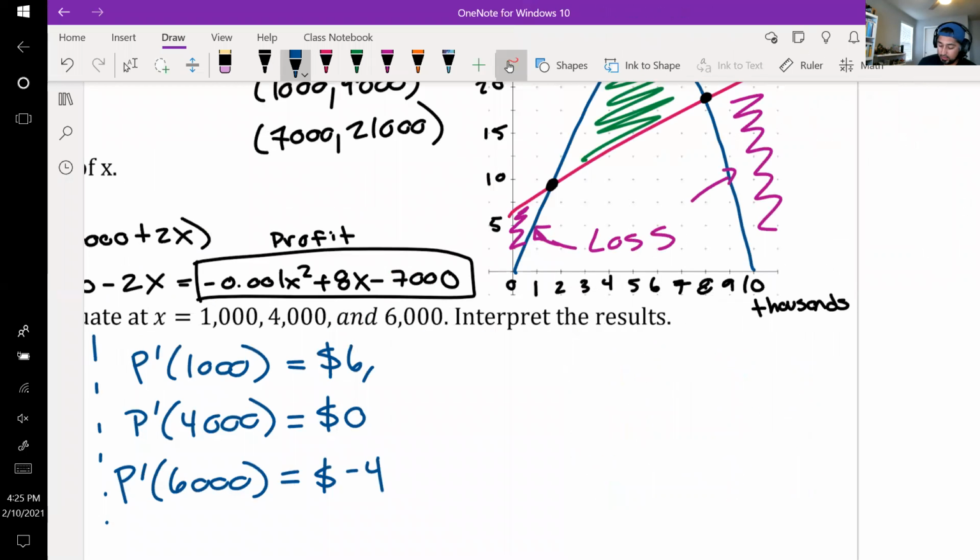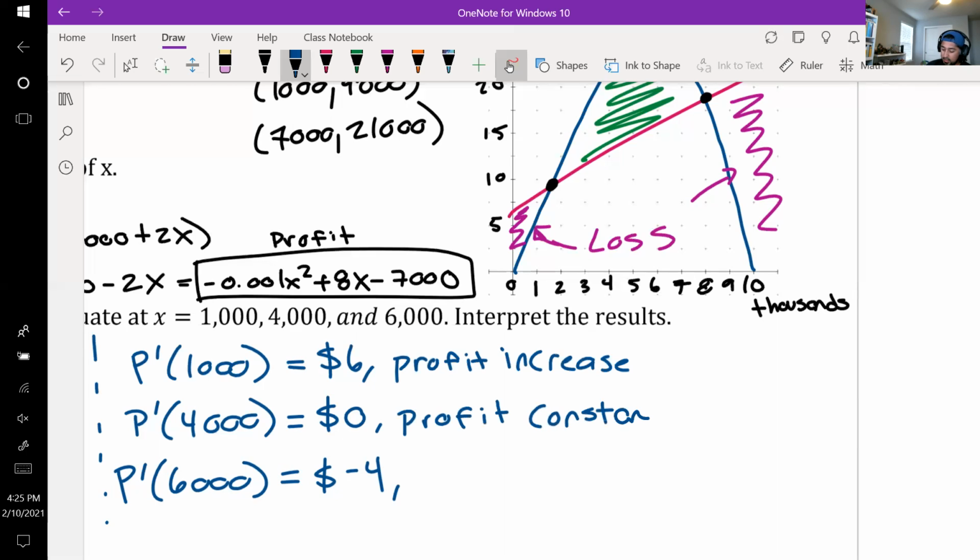And again, just interpret. So what we're saying is that at 1,000 headsets, our profit is increasing by $6. So profit increases. And then at 4,000 headsets, profit is going to remain what? Constant.